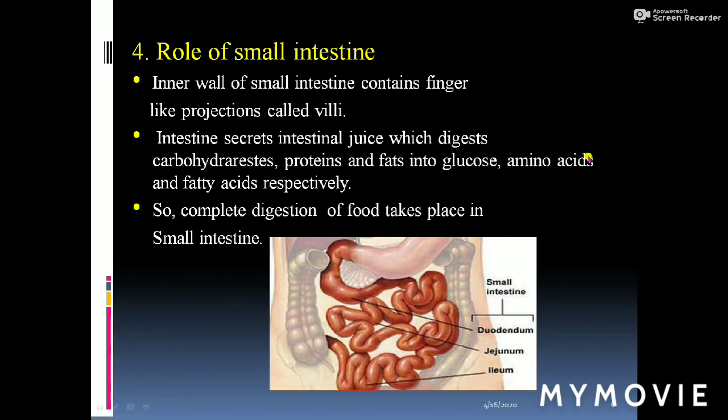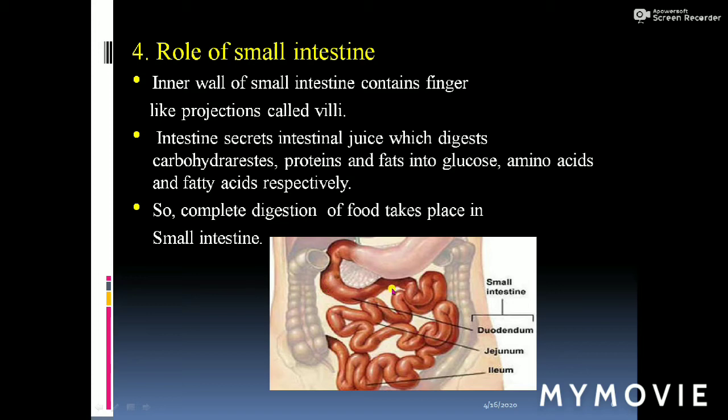So protein breaks down into amino acids. These are the units, and many amino acids combine to form the protein. Clear? Like that, fats also break down into fatty acids. So it is clear to all of you what is the main role of the small intestine.